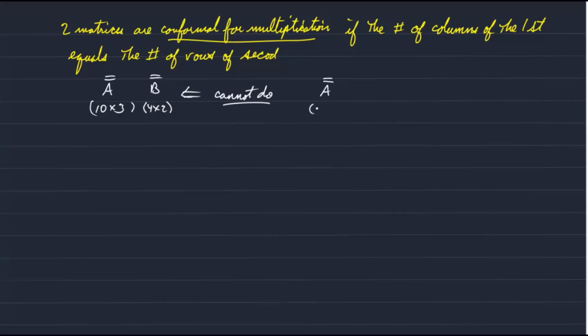However, if we had our 10 by 3 matrix and we multiplied it by a 3 by 4 matrix, then that would give a matrix. Again, the two inner dimensions are the same, and that can be done, and the resulting matrix would be 10 by 4.